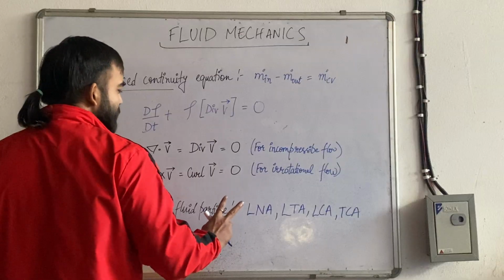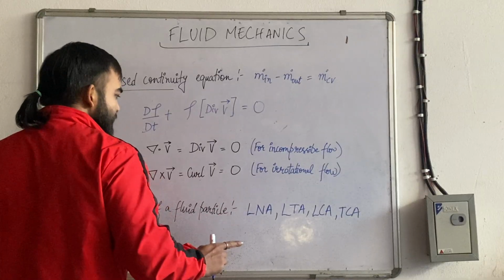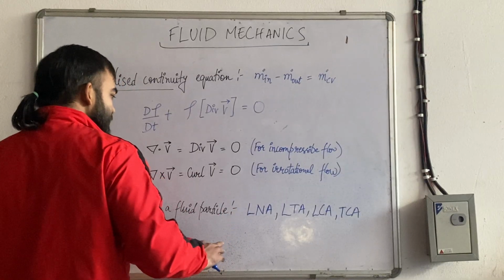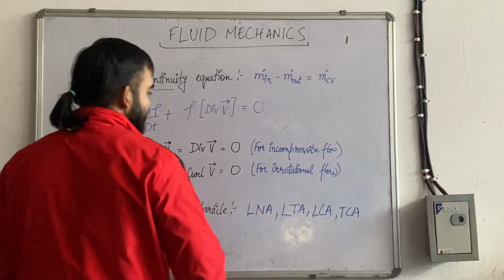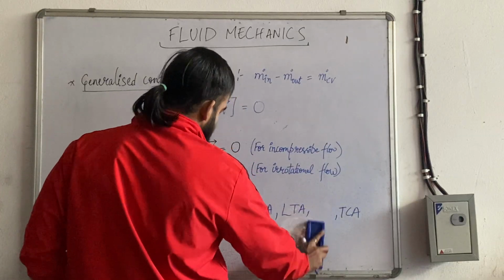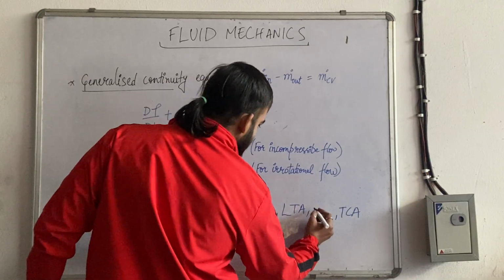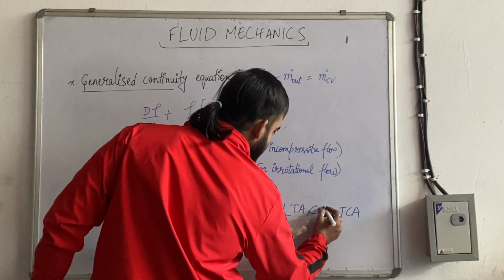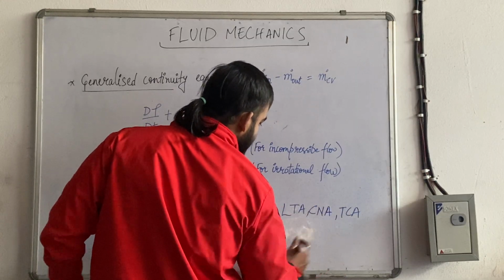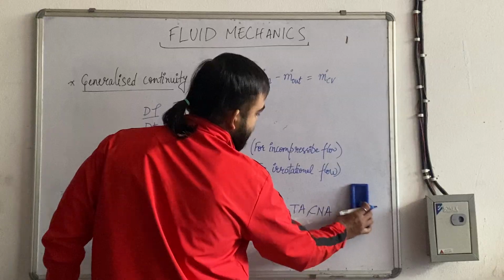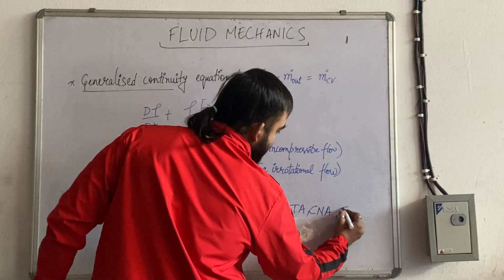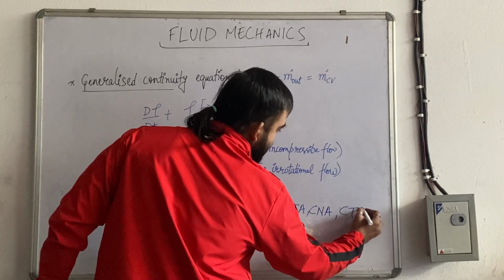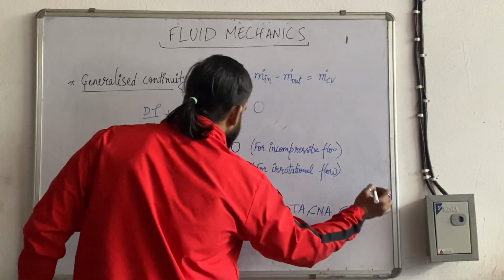They are generally of two types, normal and tangential. One can be local and another can be convective. Convective normal acceleration, convective tangential acceleration.